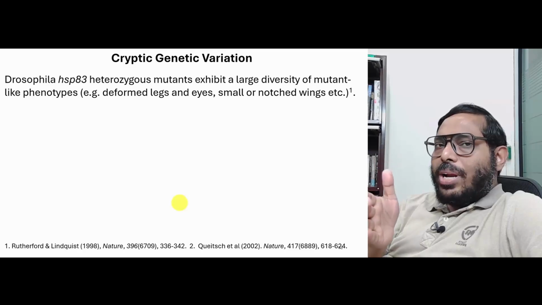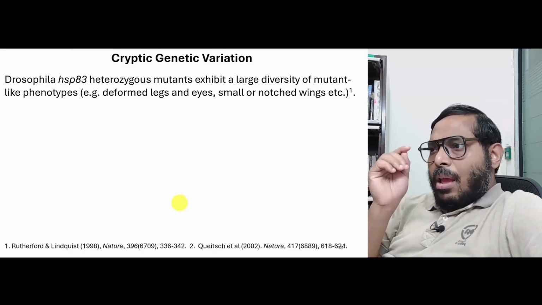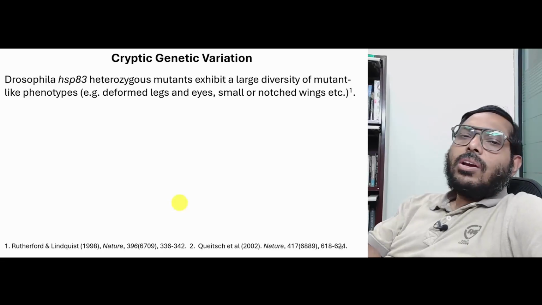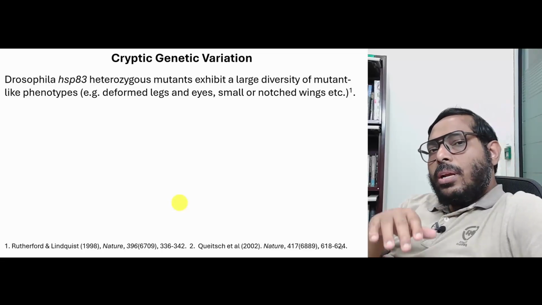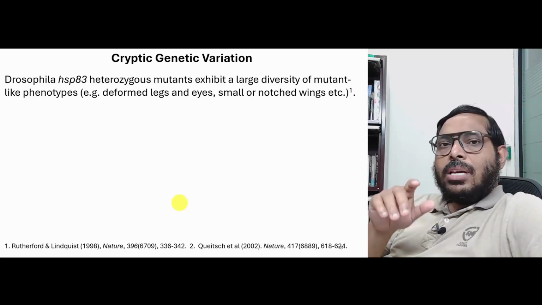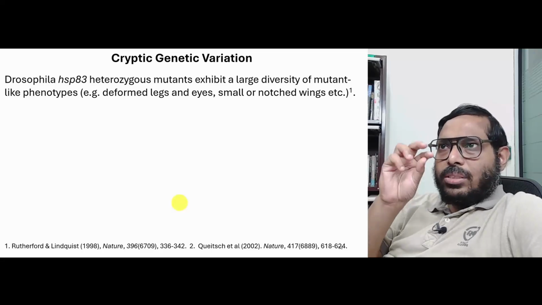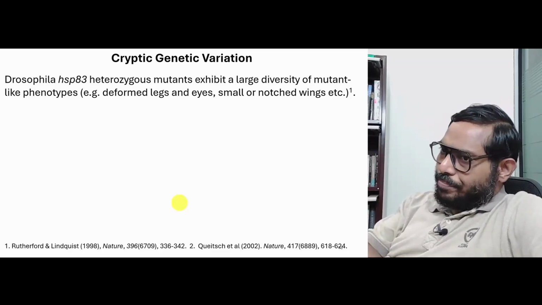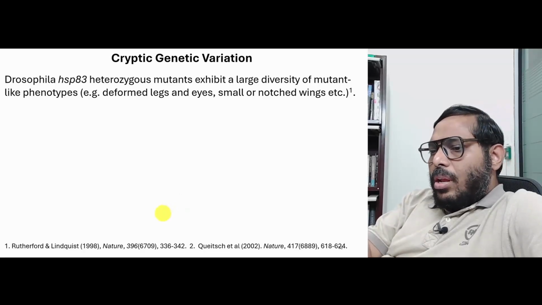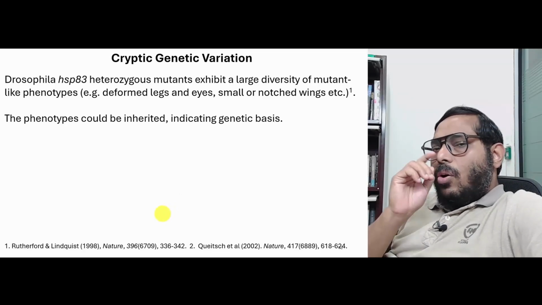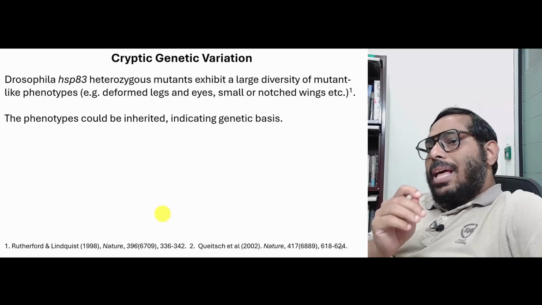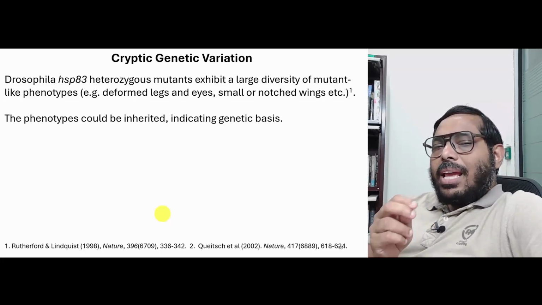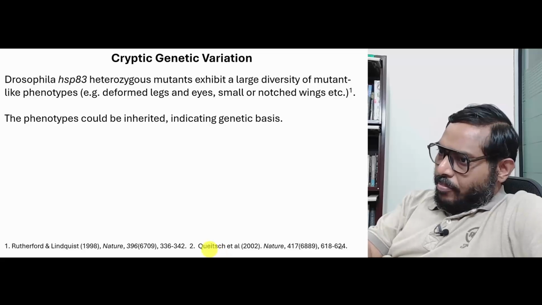So typically you have to maintain it as heterozygotes, but the heterozygous mutants exhibit a large diversity of phenotypes, including deformed legs, deformed eyes, small wings, notched wings, all kinds of variations in the wings, and so forth. So, Rutherford and Lindquist explicitly showed that these phenotypes could be inherited, which indicated that they had some kind of a genetic basis.